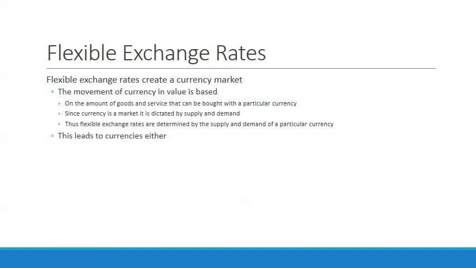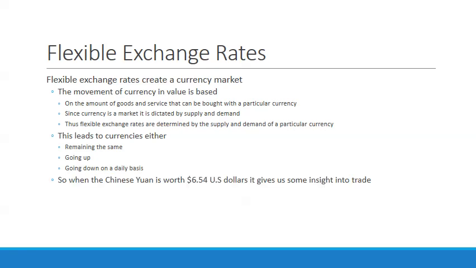Now here's the thing though, this leads currencies to either remain the same, go up, or go down on a daily basis. We see a constant fluctuation of up and down within currencies on a daily basis because of flexible exchange rates. So when the Chinese yuan is worth $6.54 US dollars, it gives us some insight into trade.